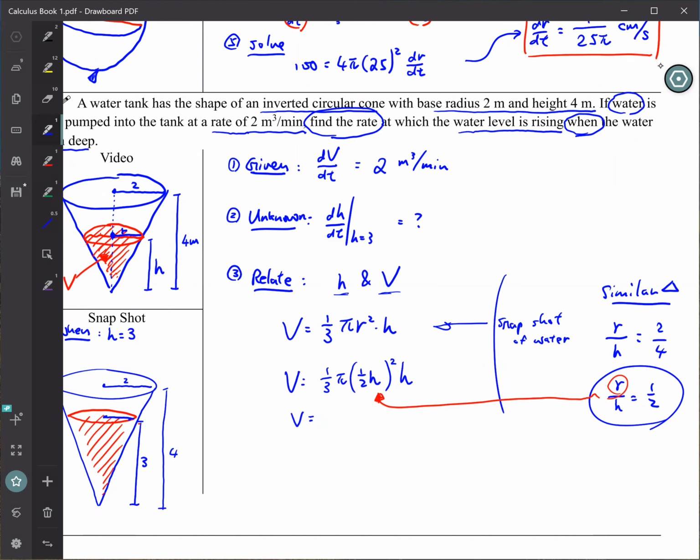Half H squared, that will be what? Half H times half H, right? So multiply everything together. So what's the final expression? Can you raise your hand if you get a final expression? Simplify the expression, please. Get rid of brackets, multiply things together.